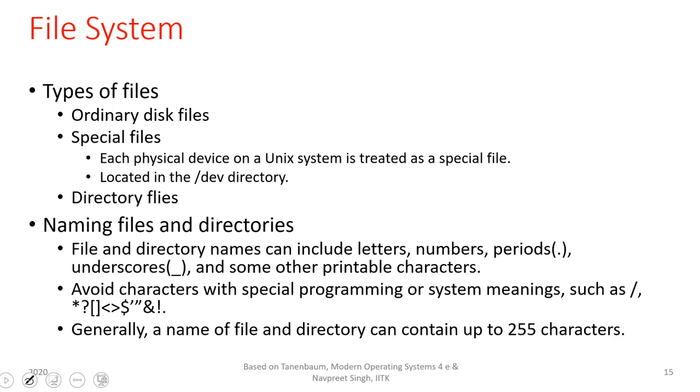So in terms of file types, again, the same things that we have discussed in our file systems lesson. So ordinary files, special files, directory files, all those things are there. And there are certain limitations in terms of what type of file names we can have, what are some of the characters that are allowed in file names and not allowed, and so those variations are there as well.